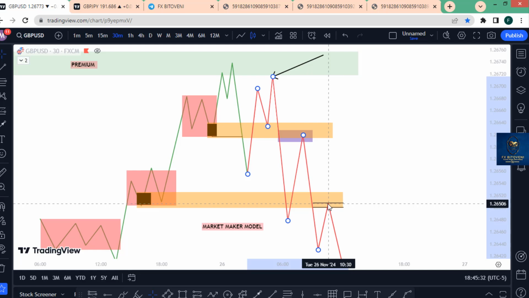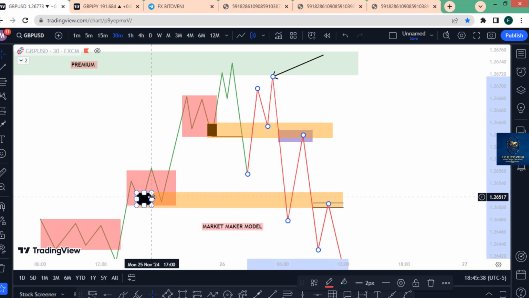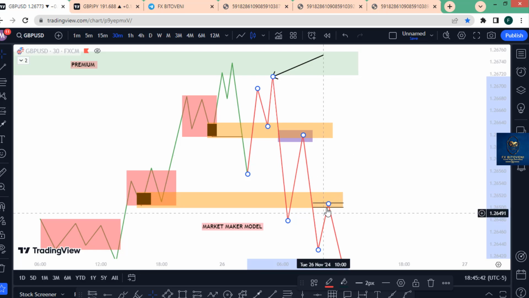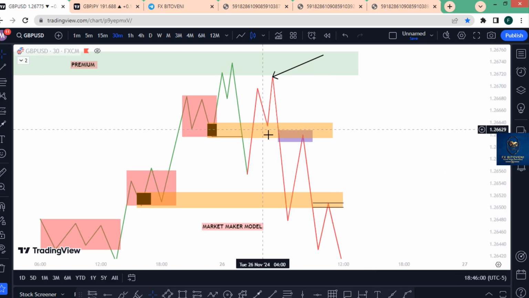Price will come back to trade within this zone, also mitigating this mitigation block, and then you can open another sell opportunity right here. Hope you clearly understand the process.